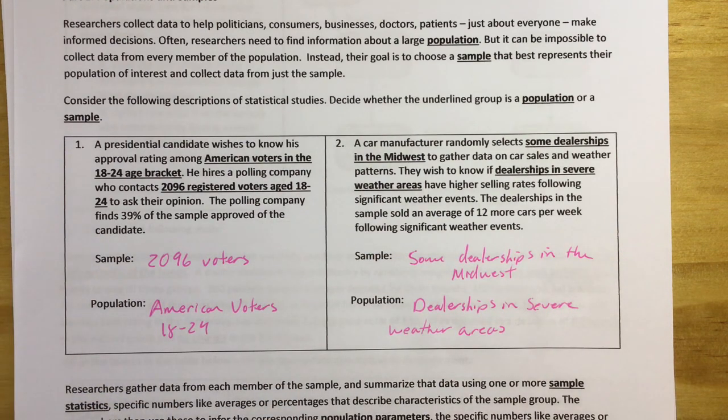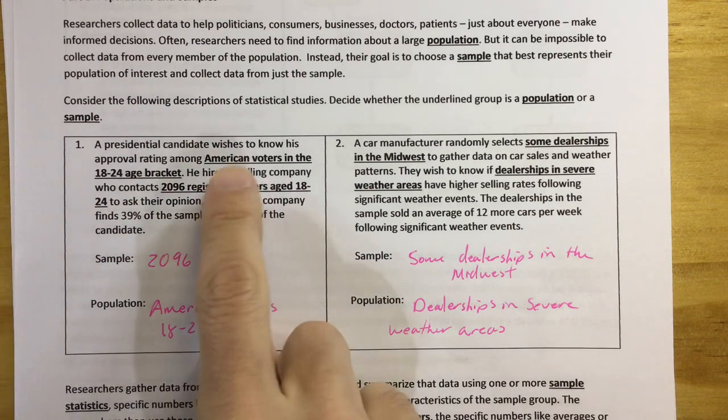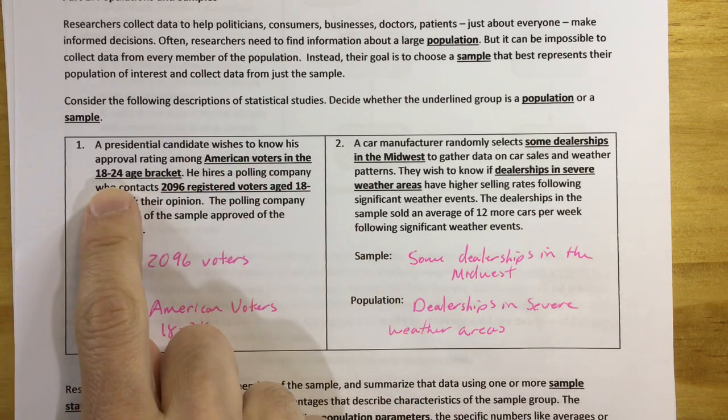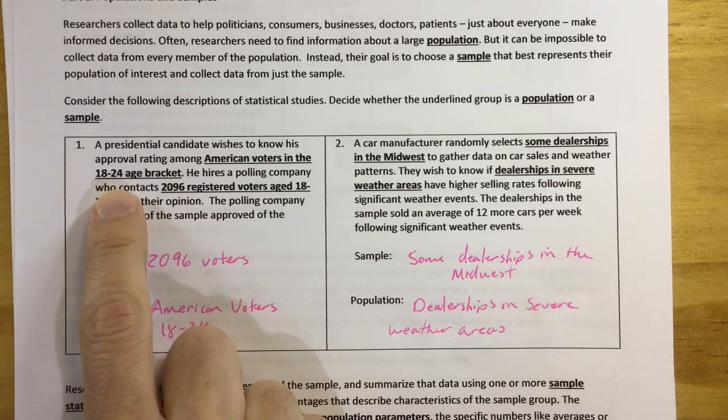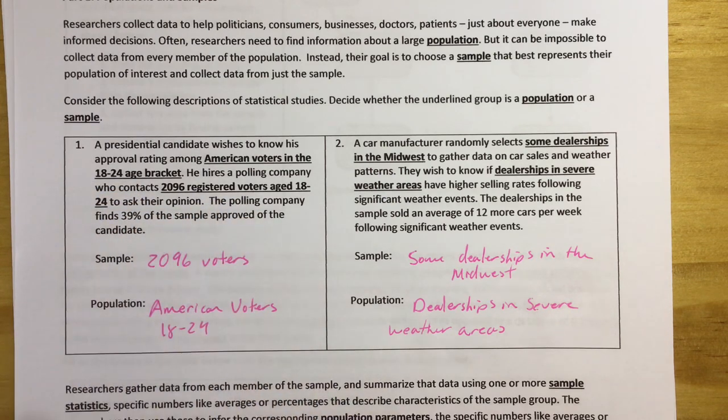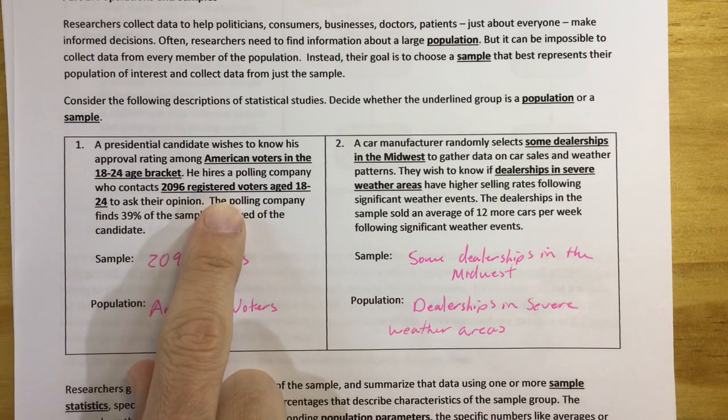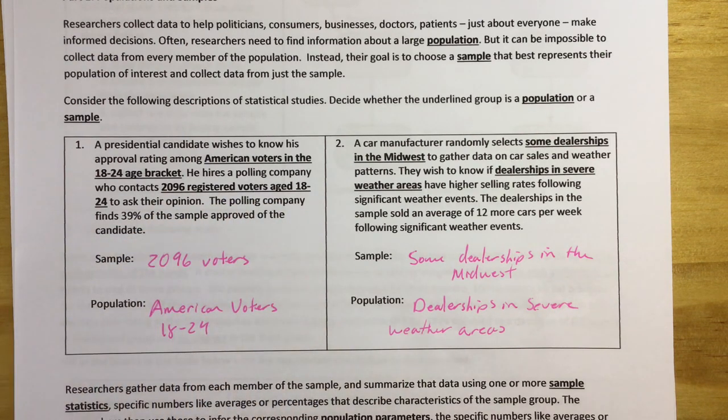Okay, number 1: a presidential candidate wishes to know his approval rating among American voters in the age bracket of 18 to 24. He hires a polling company who contacts 2,096 registered voters in that age bracket.